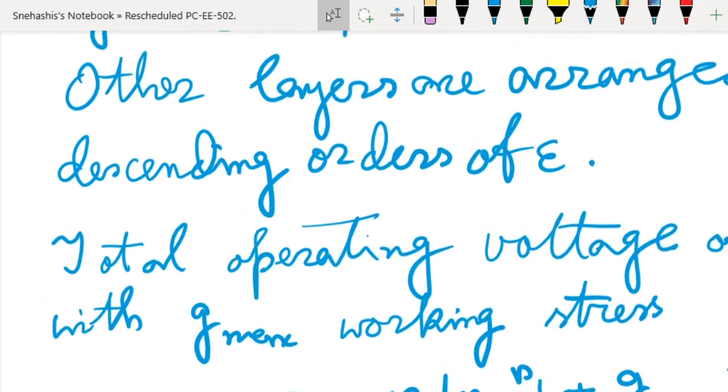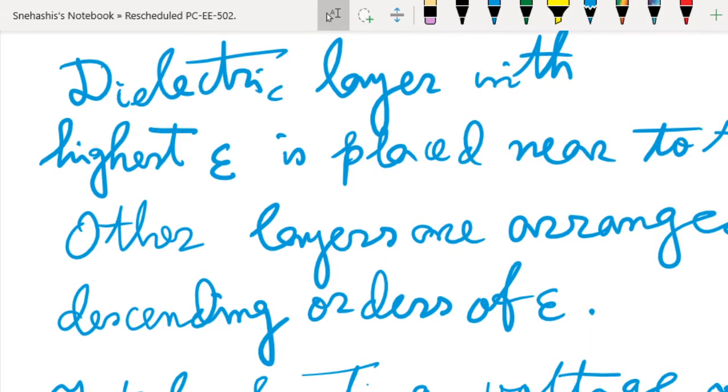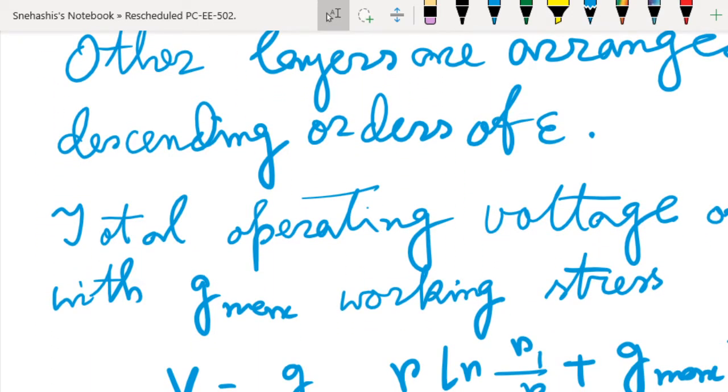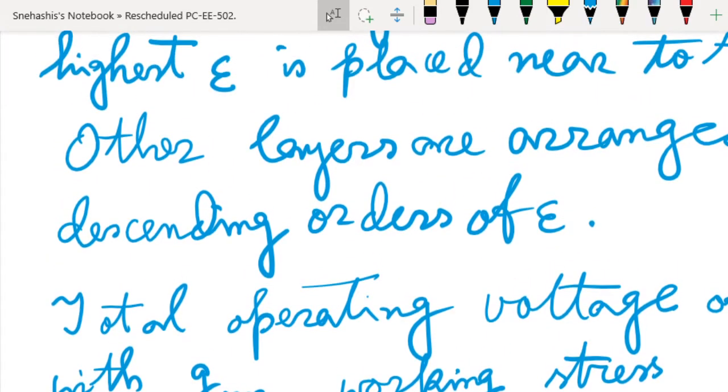You know the formula V equal to G X ln R by R dash.